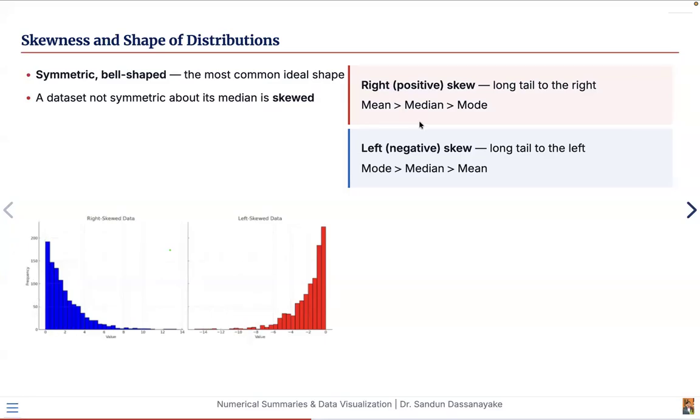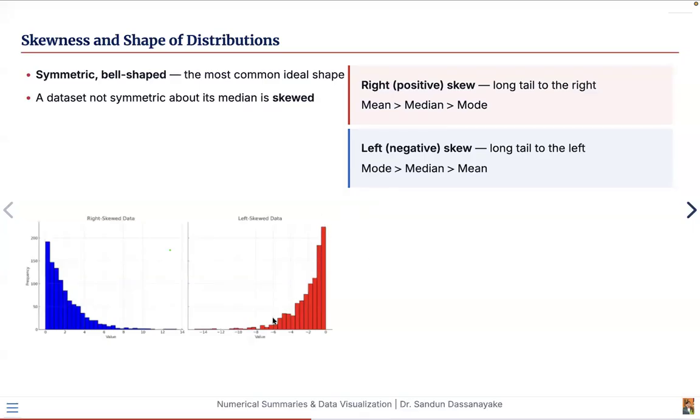Because of that, your median is in the center, between your mean and mode. When you think about the negative skew or the left skew, you can see a high number of values towards the high side of the distribution, the larger side of the values. So the height is towards that side.